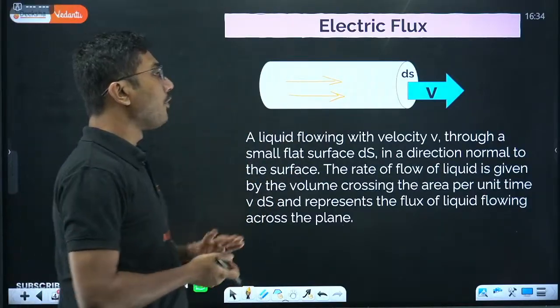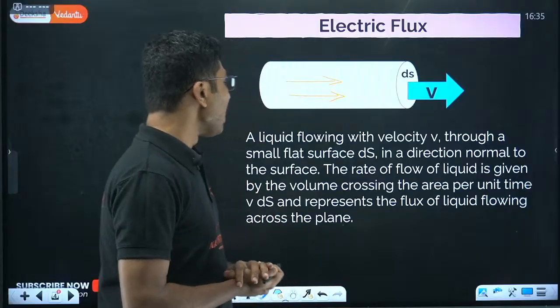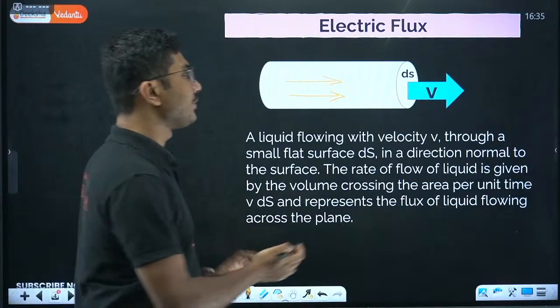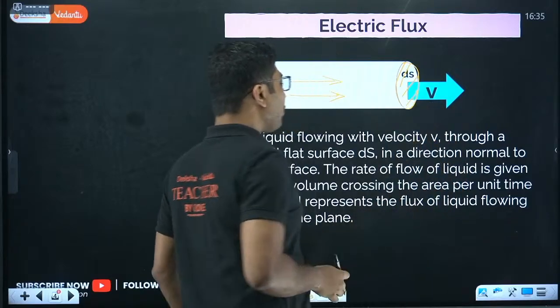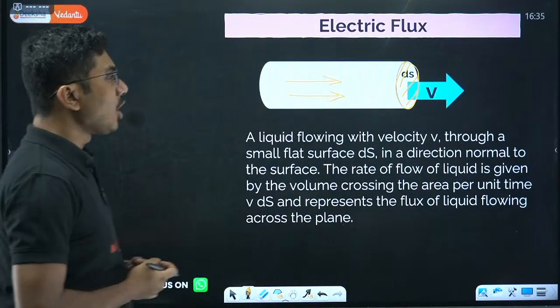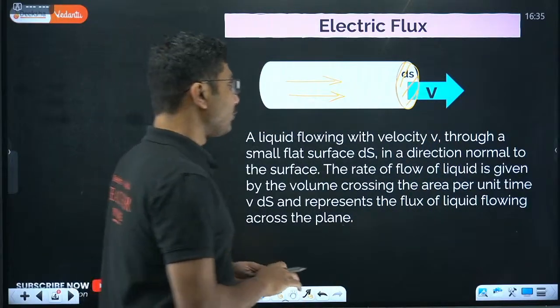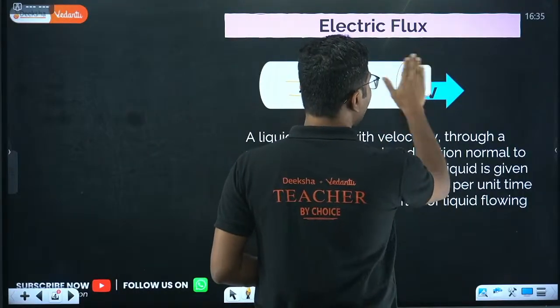A liquid flowing with velocity v through a small flat surface, in a direction normal to the surface. So this is the small flat surface, and the direction of the fluid flow is normal to the surface.